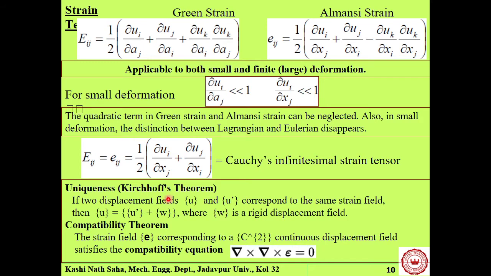That is one. Another is the compatibility theorem. The strain field epsilon corresponds to a C2 continuous displacement field. That means it maintains continuity up to second order. C0 continuity is the value continuity, C1 continuity is your slope continuity, and C2 is your curvature continuity.